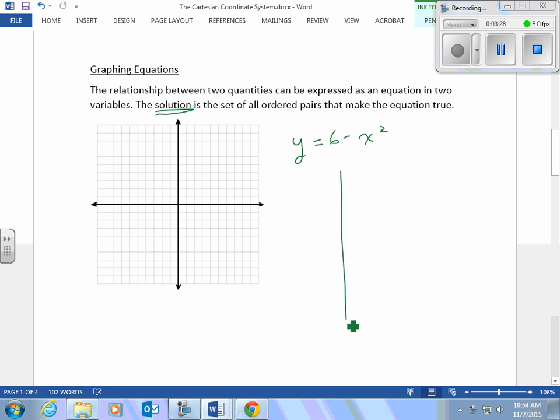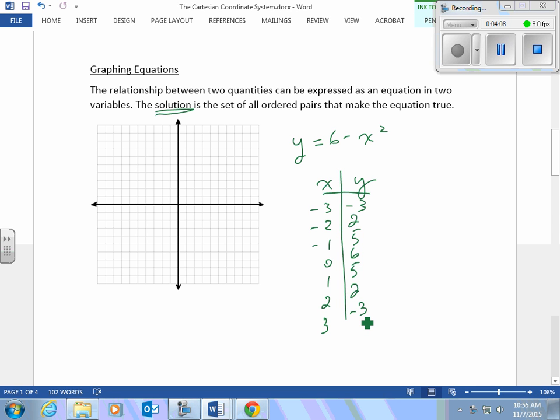I can create a table of values and choose some values for x: negative 3, negative 2, negative 1, 0, 1, 2, and 3. I substitute those values of x into the equation to calculate y. When I square negative 3, I get 9, and 6 minus 9 is negative 3. When I square negative 2, I get 4, and 6 minus 4 gives me 2, etc.